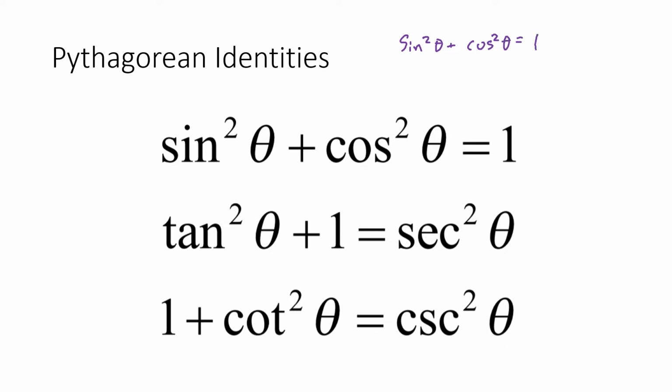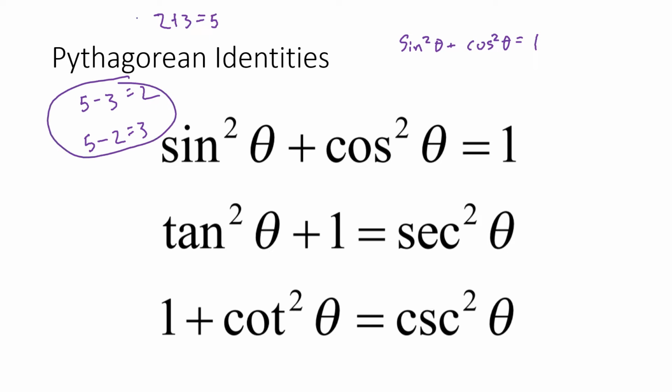But of course, every addition problem, for example, if I said 2 plus 3 equals 5, can be rewritten to express the same relationship. I could say 5 minus 3 is 2, or 5 minus 2 is 3. All three of these express the same relationship between the numbers.